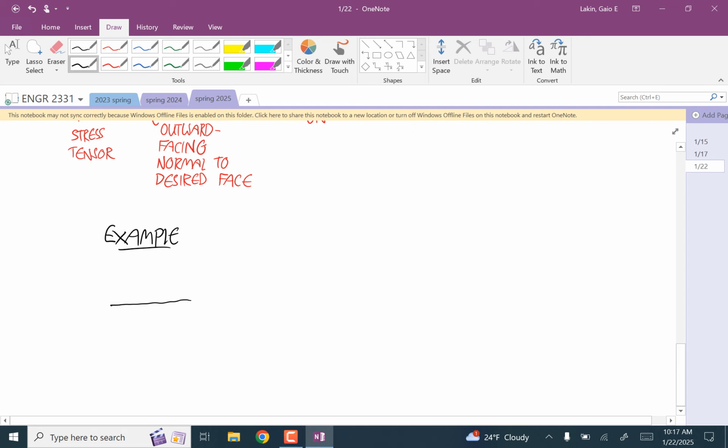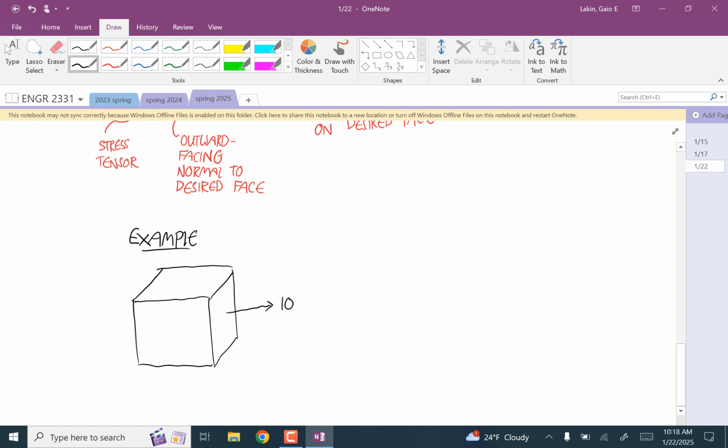So let's say we have a stress cube with 10 megapascals, 5 that way, which means that has to be 5 this way, 15 this way, and then 20 this way.